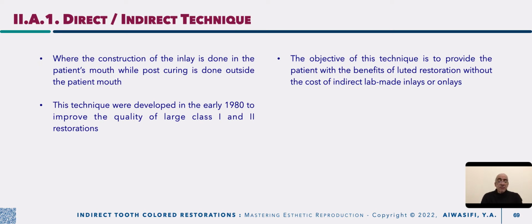The objective of this technique is just to provide the patient with the benefits of a lab-made restoration without the cost of indirect lab made inlays. It was the first idea just to increase the properties of your composite resin restoration, and in a trial to reduce the polymerization shrinkage stresses intraorally.